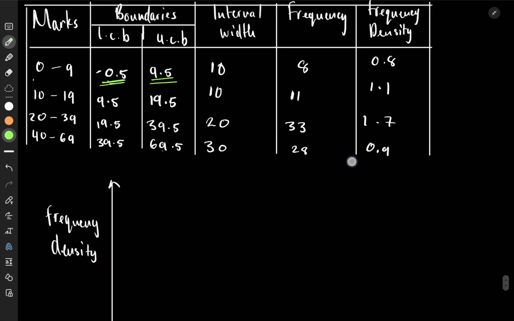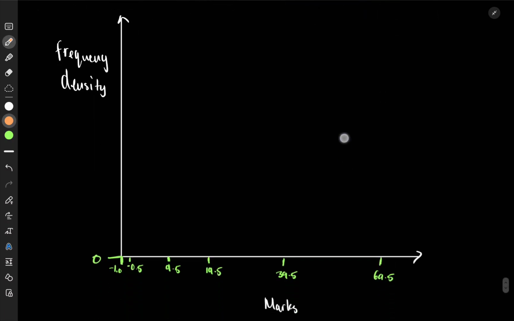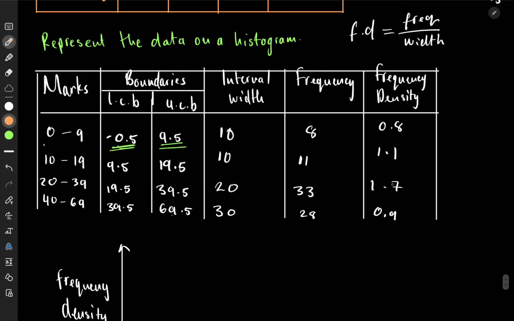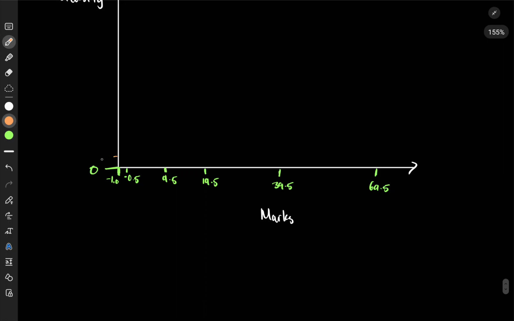Now, we put our frequency densities. So we have 0.8, 1.1, 1.7, 0.9. What is the highest value here? It is 1.7. So we can say that this is our 0.1, 0.2, 0.3, 0.4, 0.5.